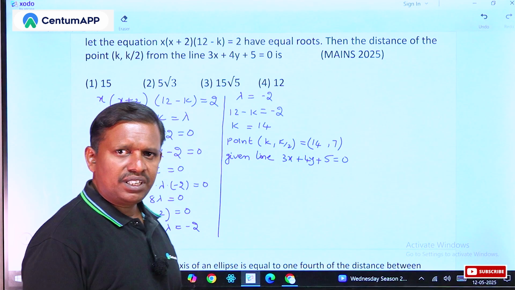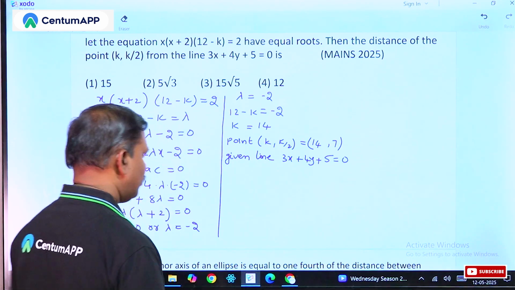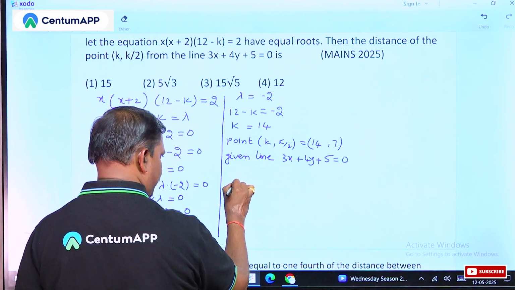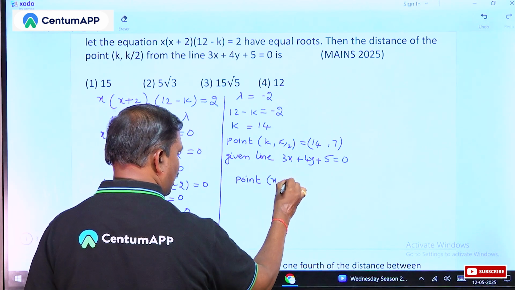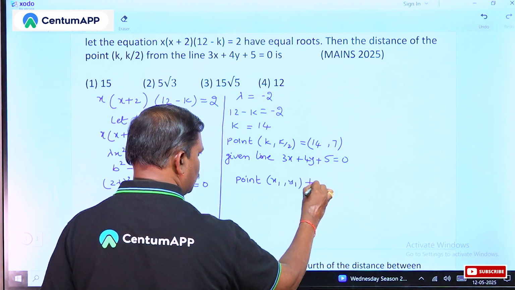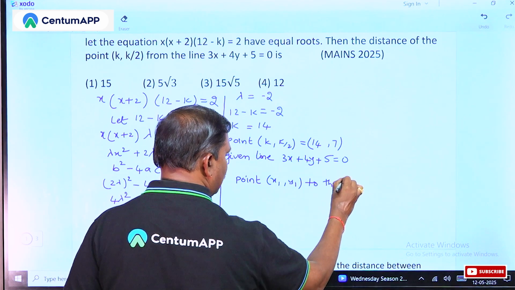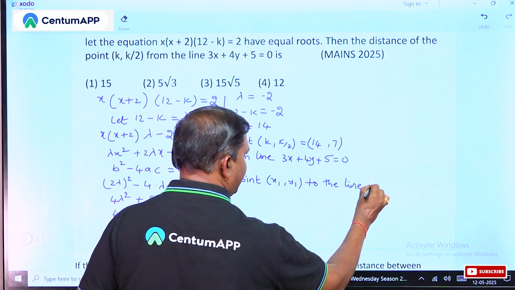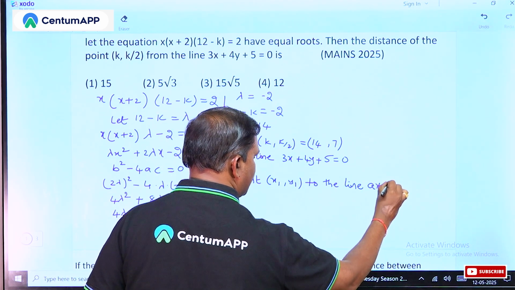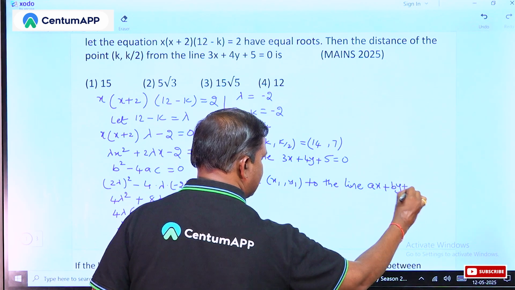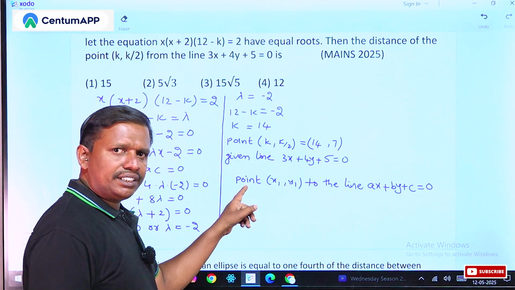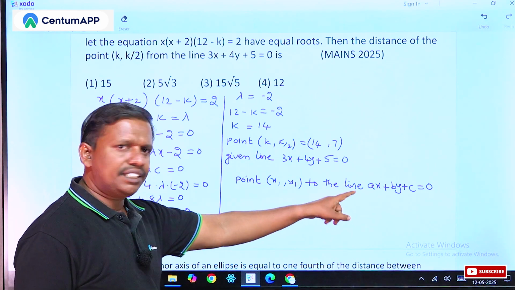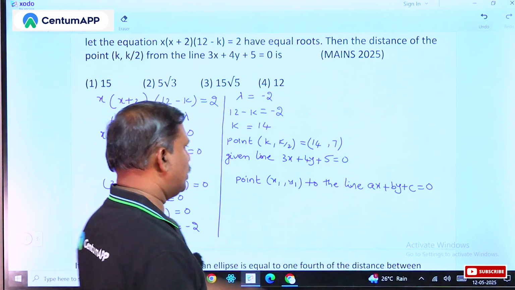See, we have a formula for the distance from the point (x1, y1) to the line ax plus by plus c equal to 0.